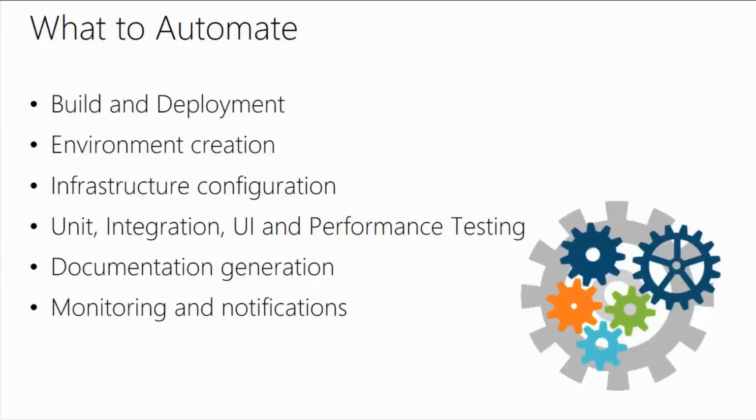Document generation, there are several tools out there you can use to automatically generate documents such as user guides, admin guides, technical guides for the end user. And of course, monitoring and notifications can also be automated. So the entire idea is to take your DevOps environment, both operations and development, right, and automate it fully.